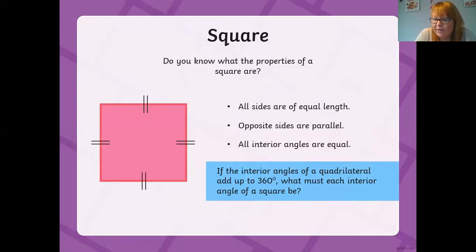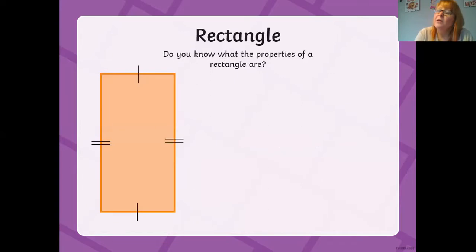Now, I left this on there, although I said you didn't need to know it. It's something you should be able to work out because you know that squares have right angles. So what must each interior angle be? That's right, 90 degrees.